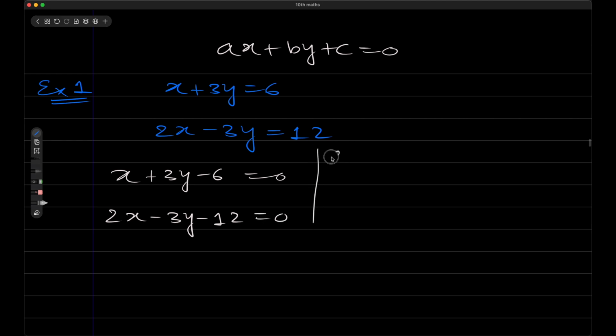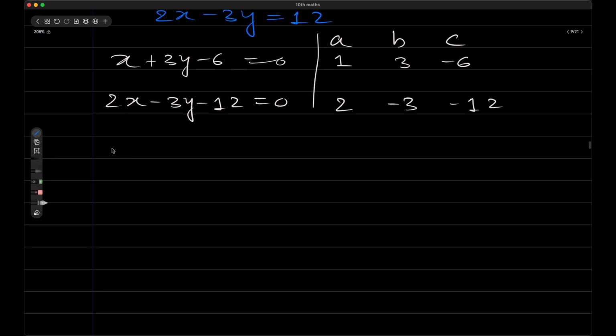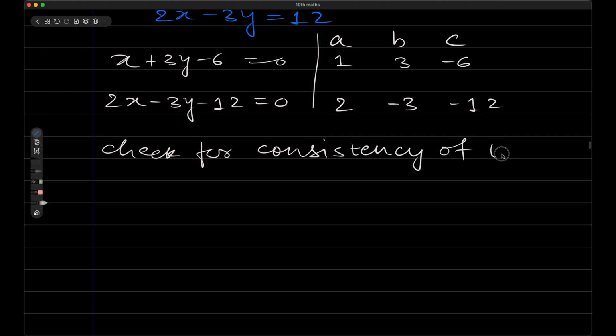Now the coefficients a, b and c for line 1 are 1, 3 and minus 6. For line 2 the coefficients are 2, minus 3 and minus 12. Now let us check for consistency of the lines: a1 upon a2 equals b1 upon b2?